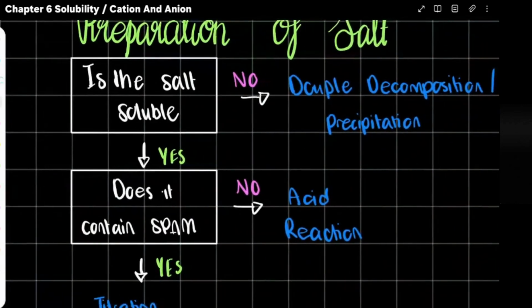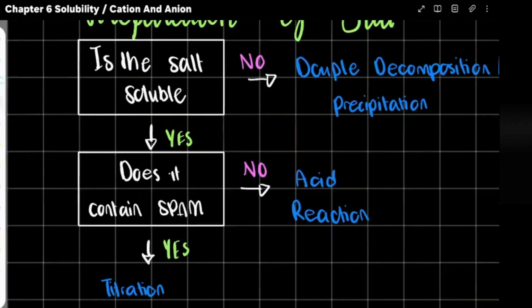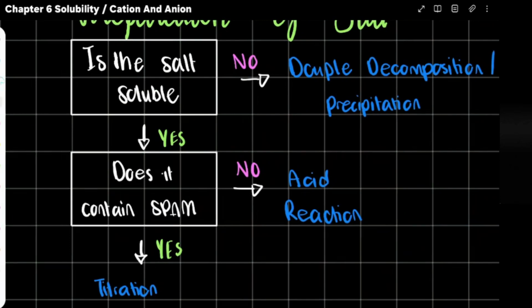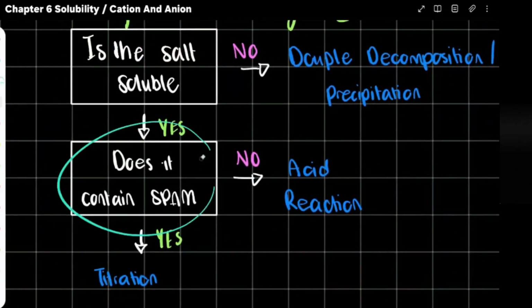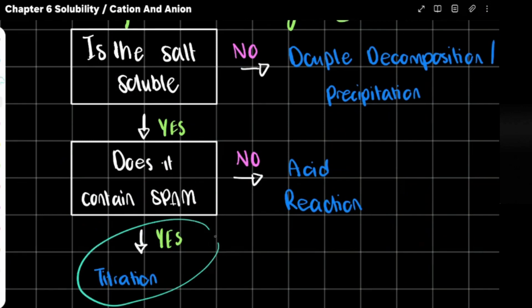The first question that you have to ask yourself for the salt is: is the salt soluble? If no, then you have to use this method here. If yes, does it contain SPAM? I didn't include Na, I only include SPAM. Be careful. If yes, then use titration.